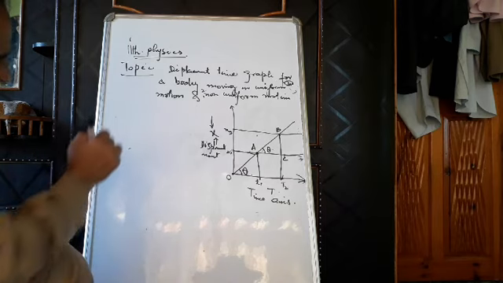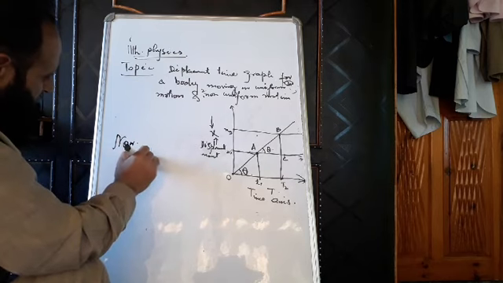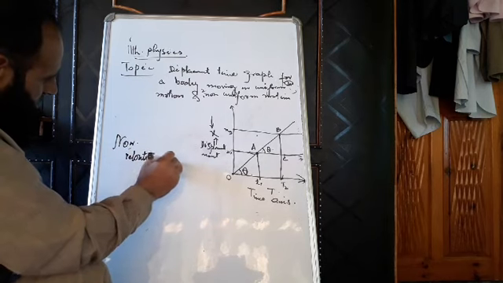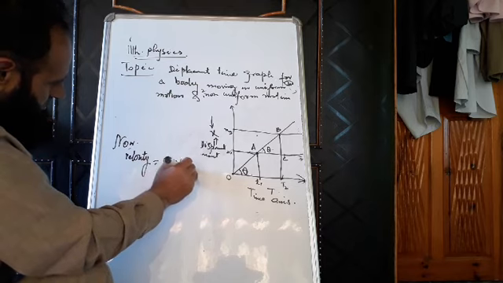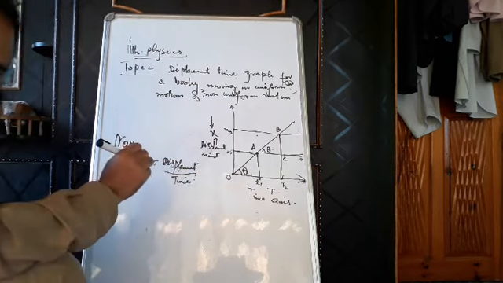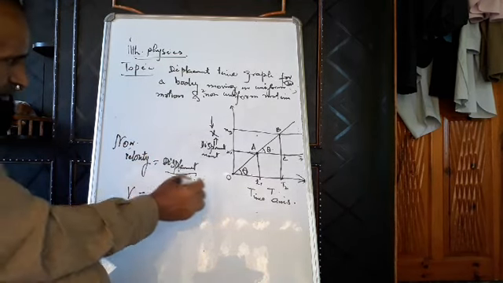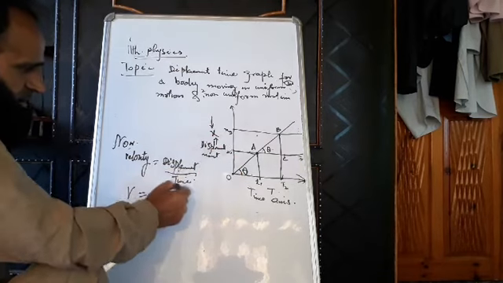Now we know that velocity is equal to displacement divided by time. We know that displacement is x2 minus x1.